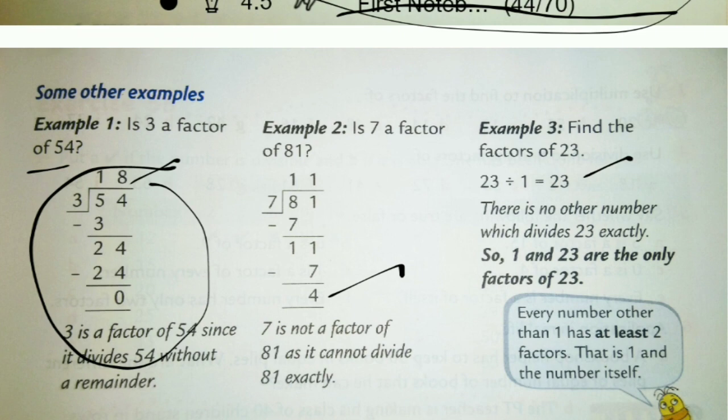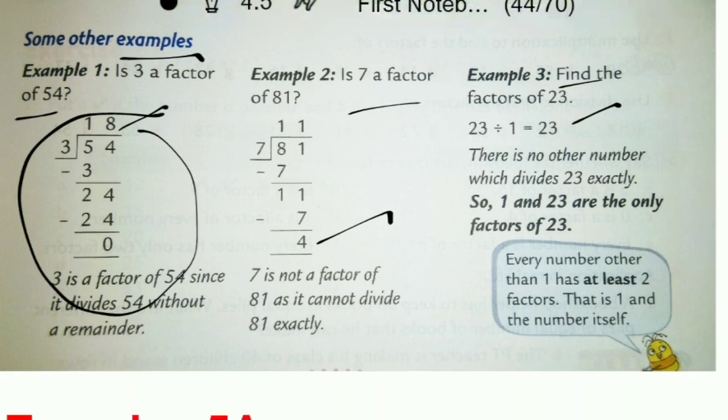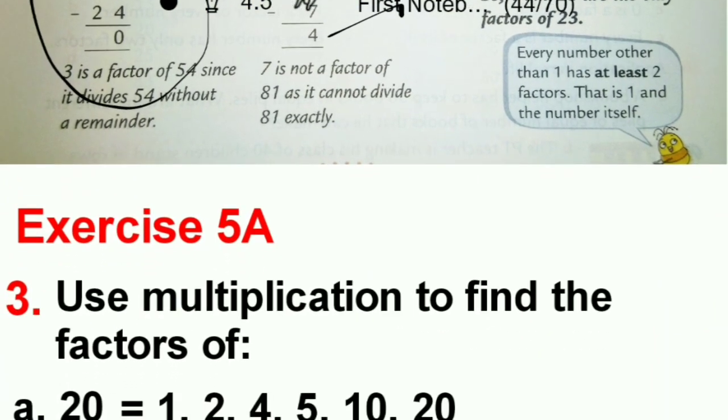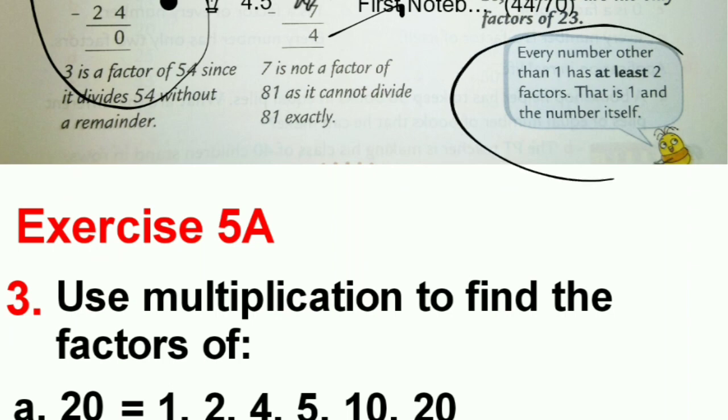So 23 divided by 1 only. These are the examples for finding the factors. One more point: every number other than 1 has at least 2 factors, that is 1 and the number itself.